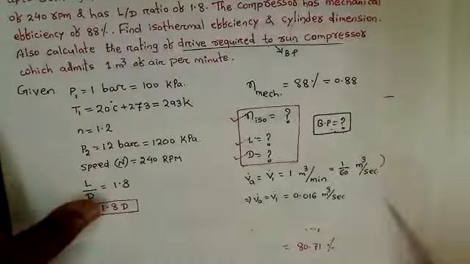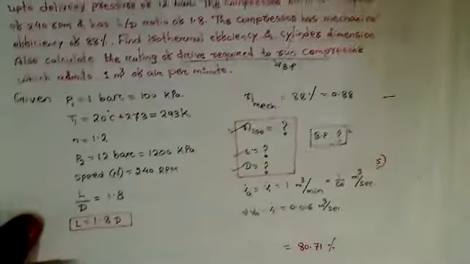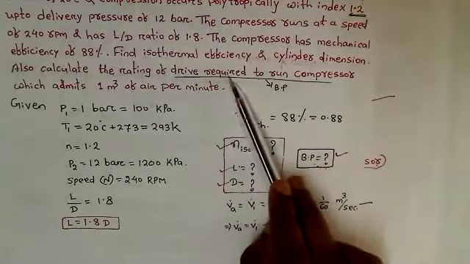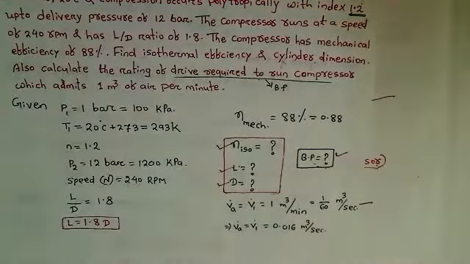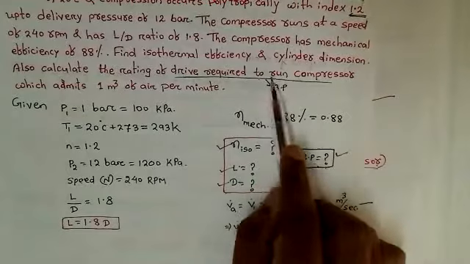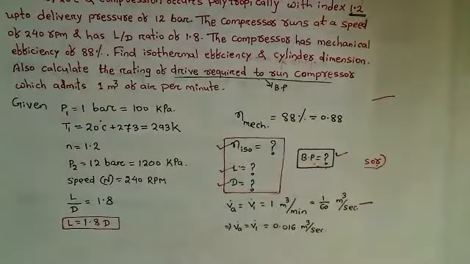We have found out the brake power of the engine also. And brake power is nothing but the power required or drive required to run the compressor. Whenever you find this phrase, to run the compressor, whatever the power required, that is called brake power, because the compressor will run with the help of an external motor or external prime mover.